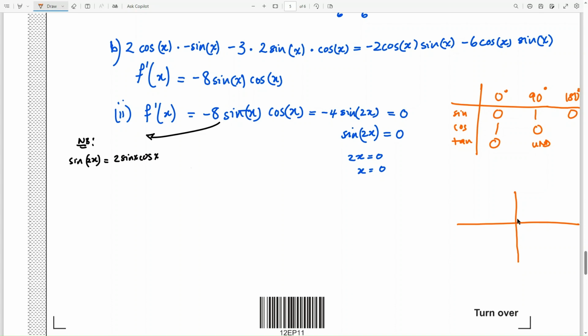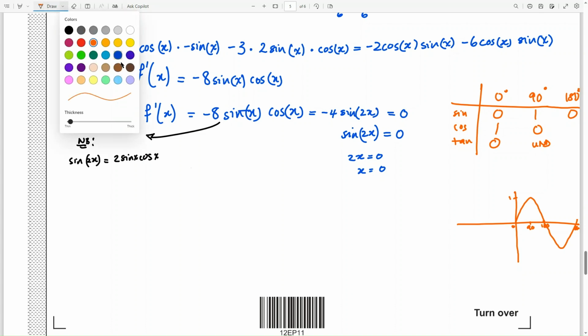It's 0 here, and then it goes up to 1 at 90, and then it comes back to 0 at 180, right? So it obviously goes back to 0, then it goes to negative 1 at 270, and then it comes back to 0 at 360, right? So 180 is definitely a 0 for sine. A lot to remember there when you're not using a calculator, but in any case.